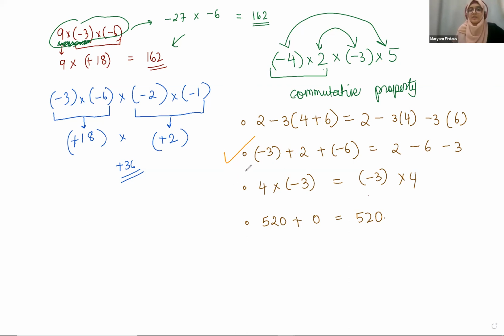The second one is called the commutative property in addition. Why? Because we are adding them. Here also there's an invisible plus sign. The first one is also the commutative property of subtraction. No.